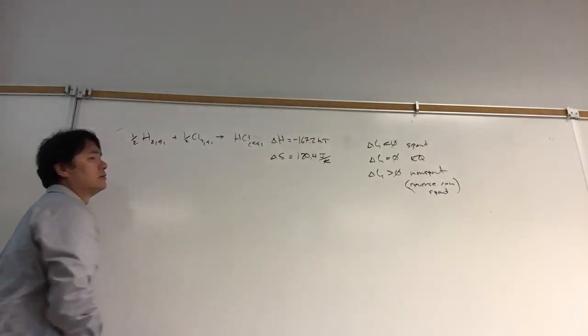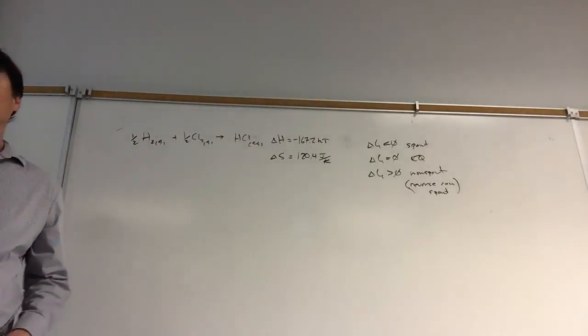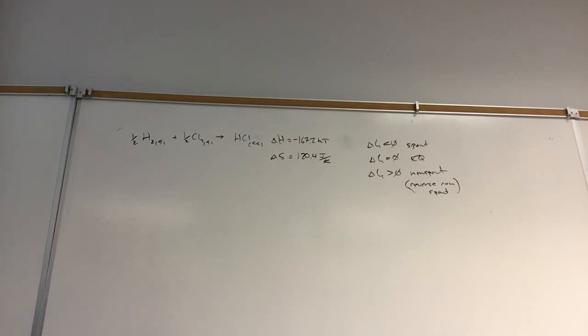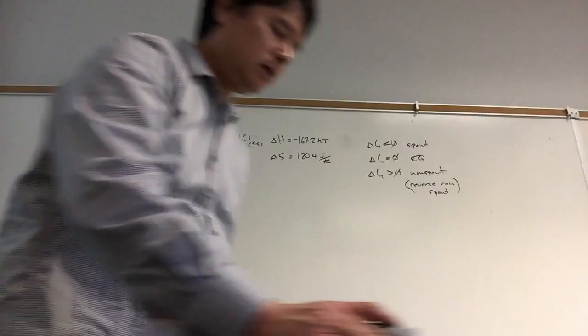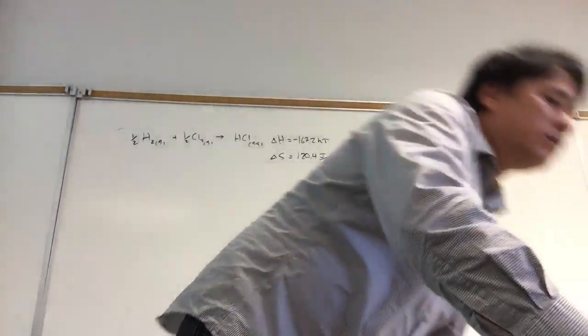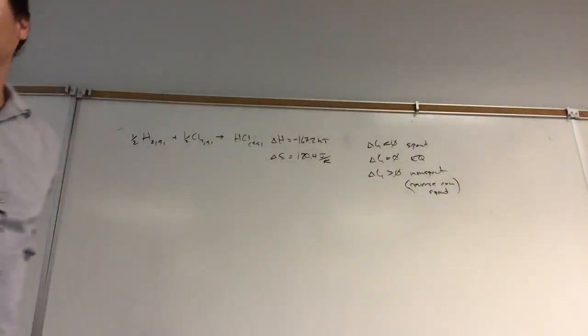I still don't understand why you multiply it by negative one for the derivation for delta G. Negative T delta S. You don't have to multiply by -1. There's no reason to do that. If we didn't multiply by -1, then it would be the opposite, right?